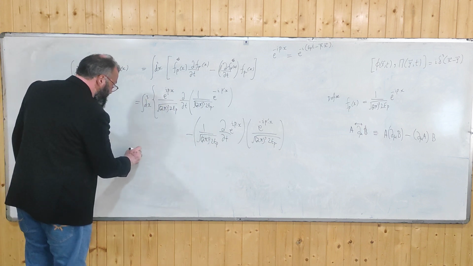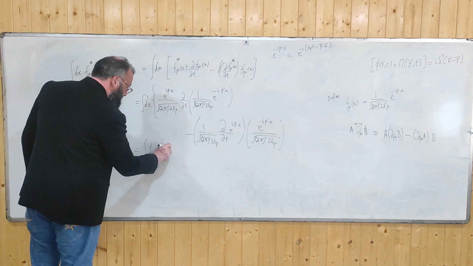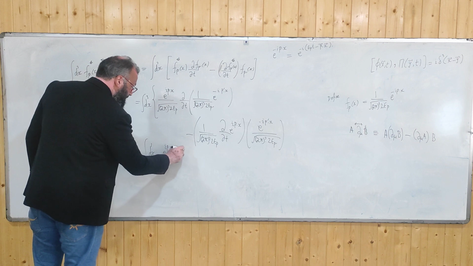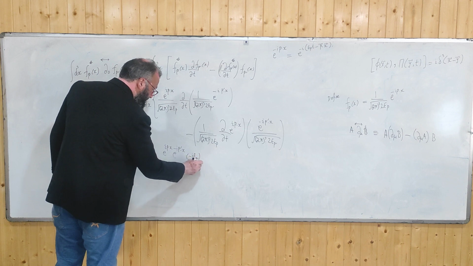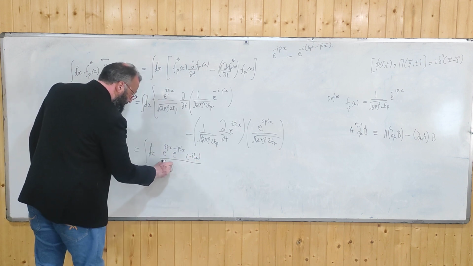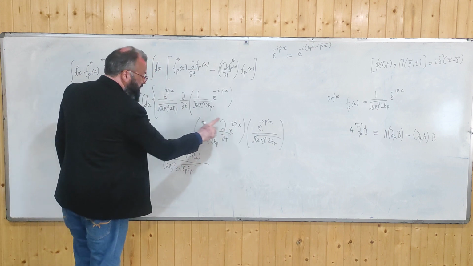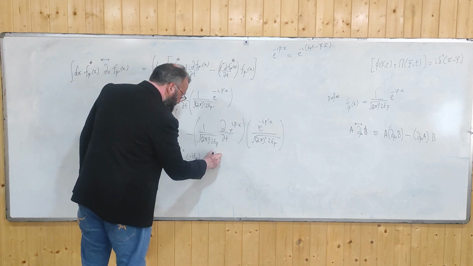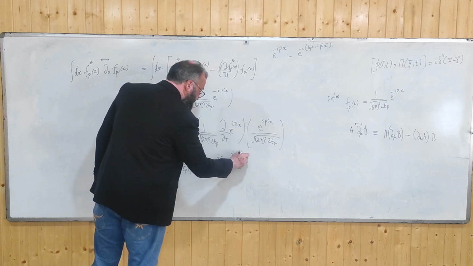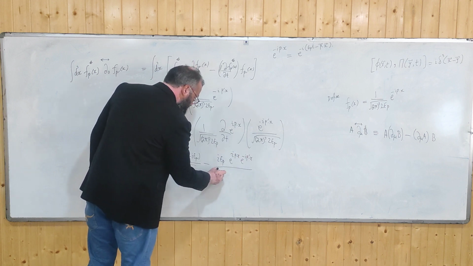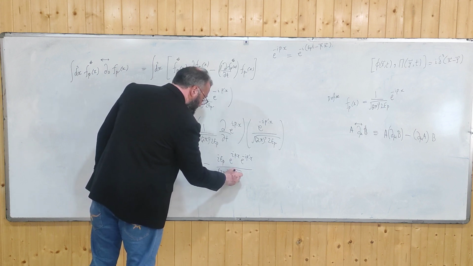So I will get the integral d^3x of e raised to the power i p·x, e raised to the power minus i p'·x, and from the derivative minus i E_p' divided by (2π)^3 times 2 root of E_p E_p', minus, and what you will get here is simply i E_p, then e raised to the power i p·x, e raised to the power minus i p'·x divided by (2π)^3 times 2 root of E_p E_p'.